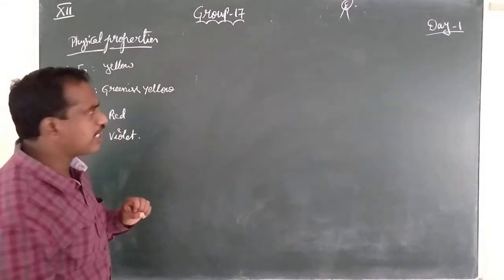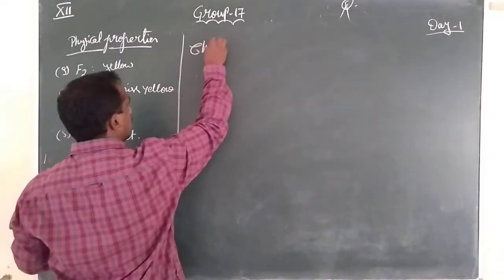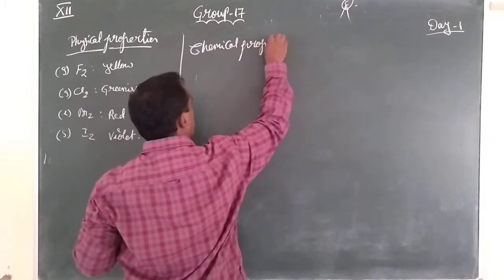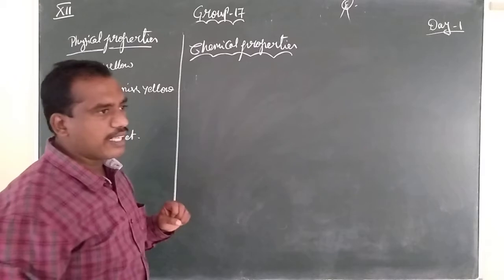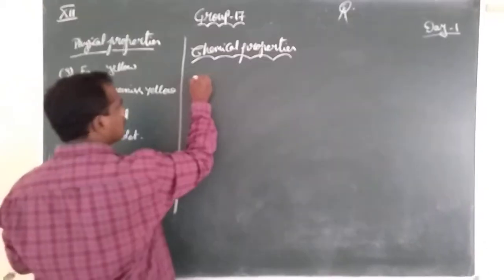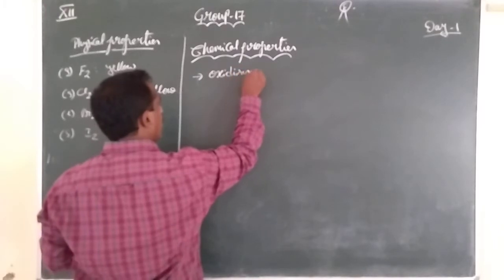Once you start studying their chemical properties, a very important table is given here, children. These are all acting as very strong oxidizing agents. What is their nature? These are strong oxidizing agents.